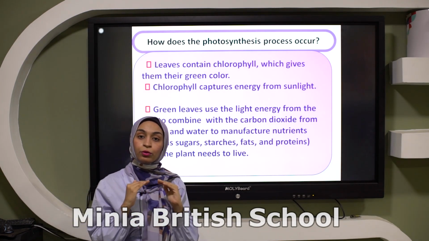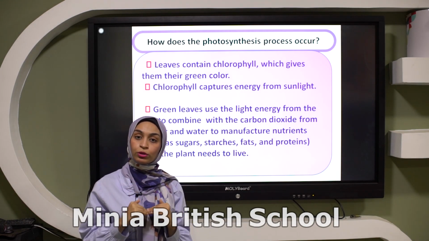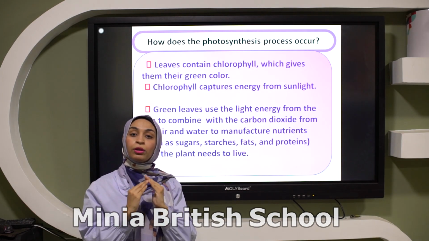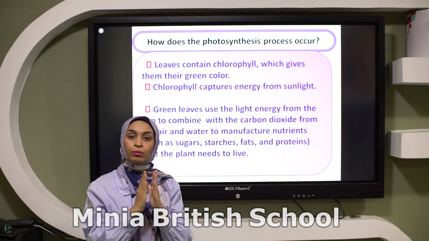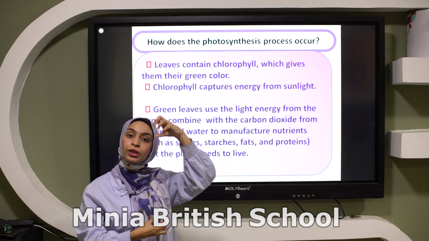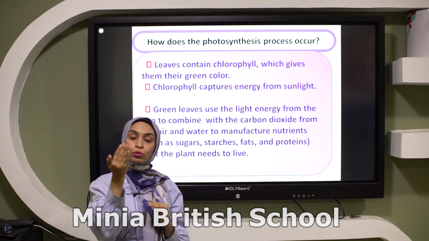So first, the roots absorb water and mineral salt from the soil, then carry it to the leaf through the stem, actually through xylem, which are small vessels carrying the water and the mineral salt from the roots to the leaves.